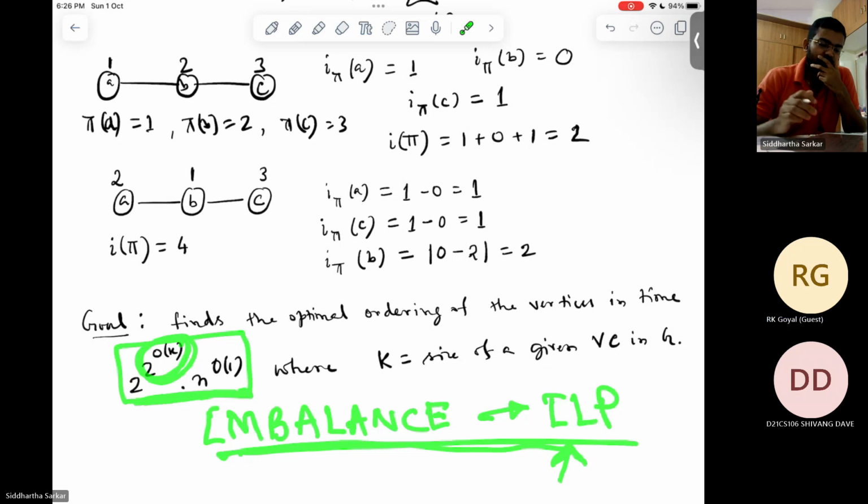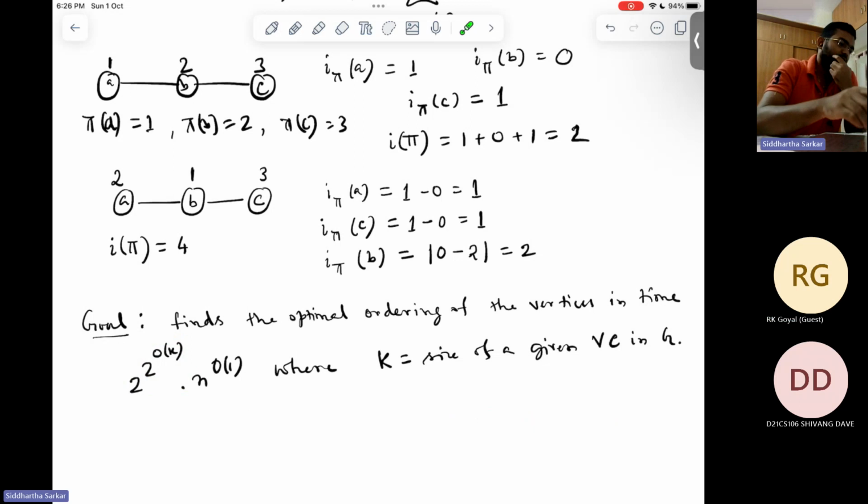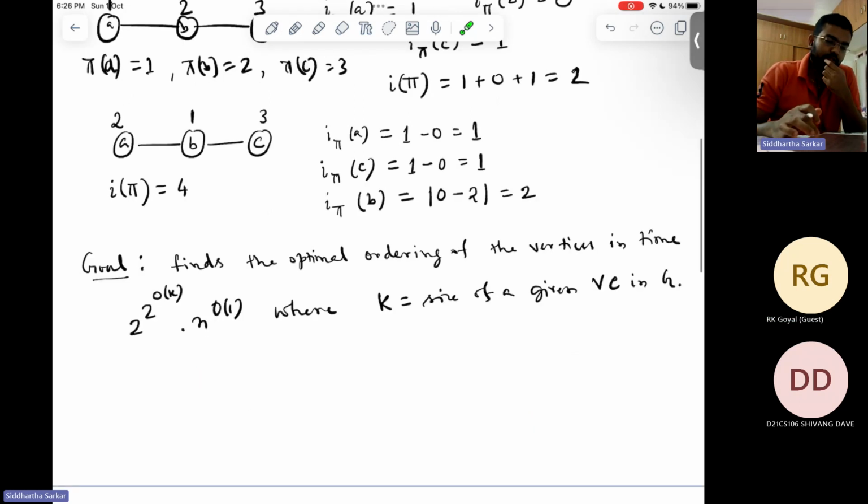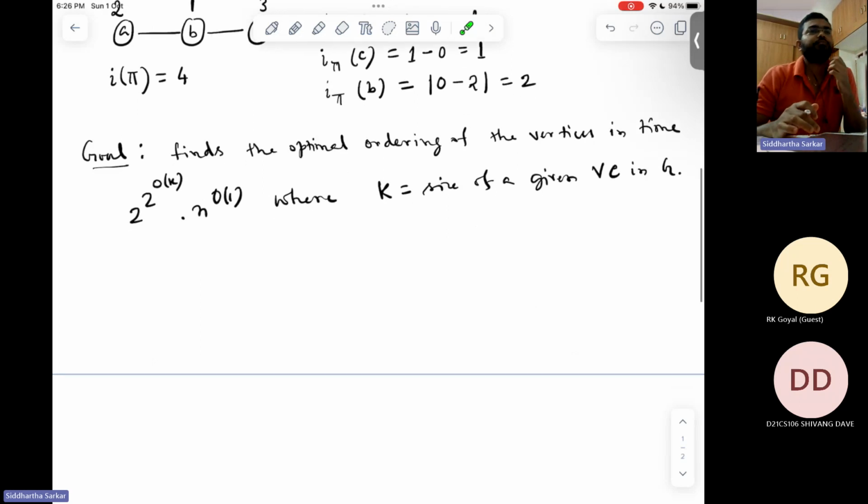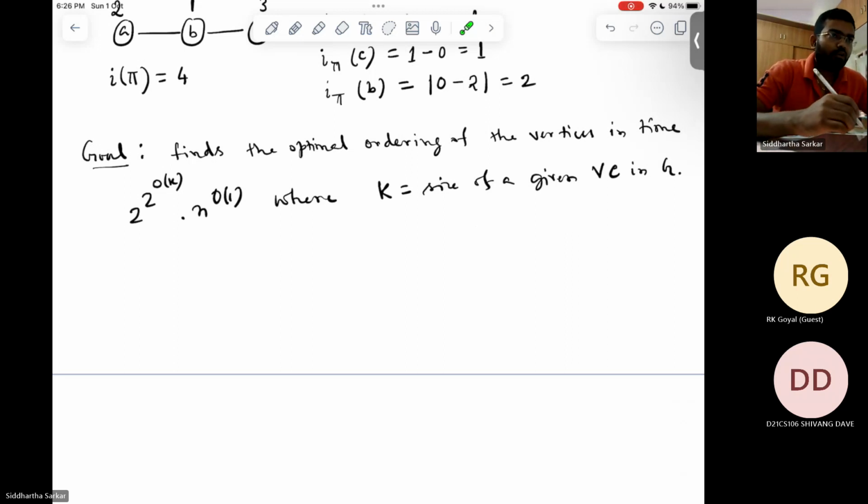Okay. So now let's focus on how we are going to write this integer linear programming formulation. So what is our input?